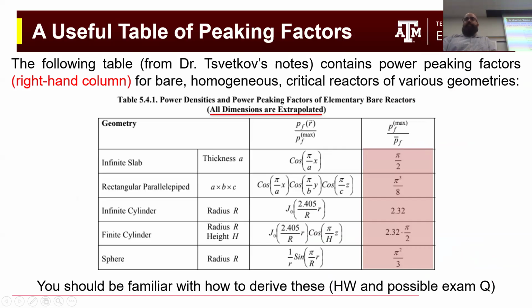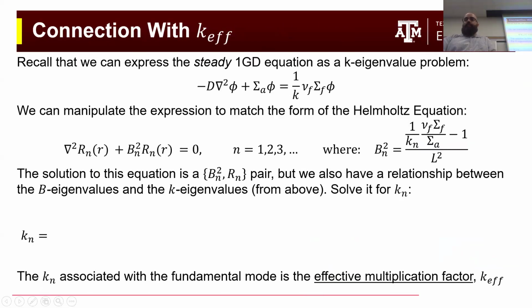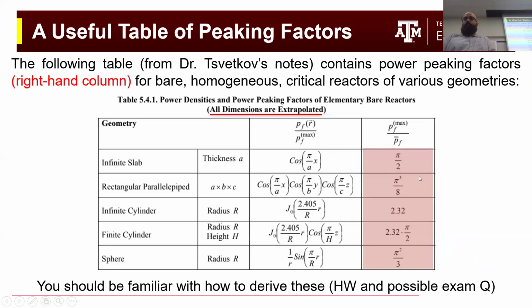It contains the result that you would get if you carried through that definition for the power peaking factors of all of those different geometries. On the second problem set, there's a question that asks you to derive some of these. That's something that we should be able to do.